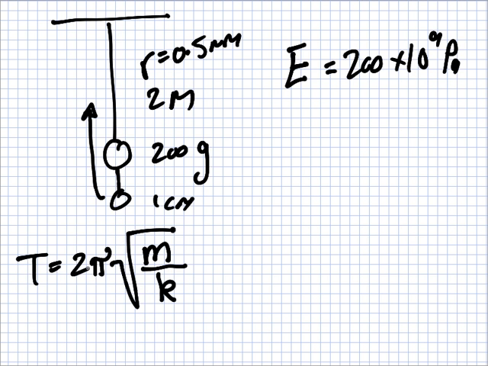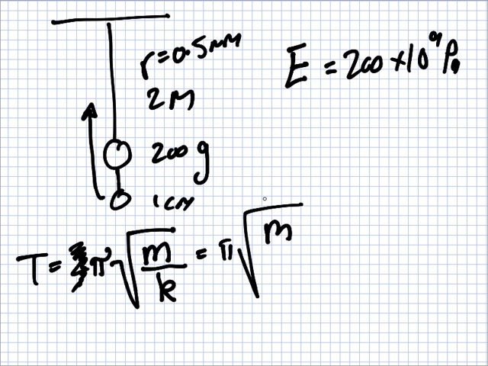Okay. Now that's the time to go up and down. I just want the time to go up. So what should I do? Yeah, so divide by 2. Okay. Right. Do you know the M? Yes, it's 200 grams. Do you know the K? You don't. What do you know only? You know the Young's modulus. What formula has K in it?